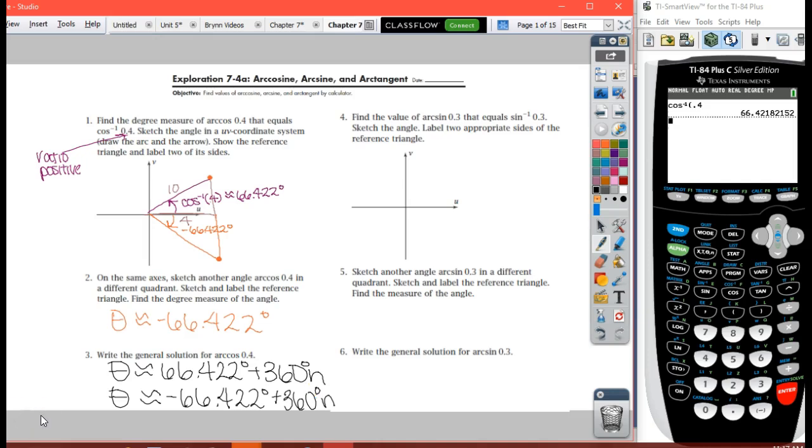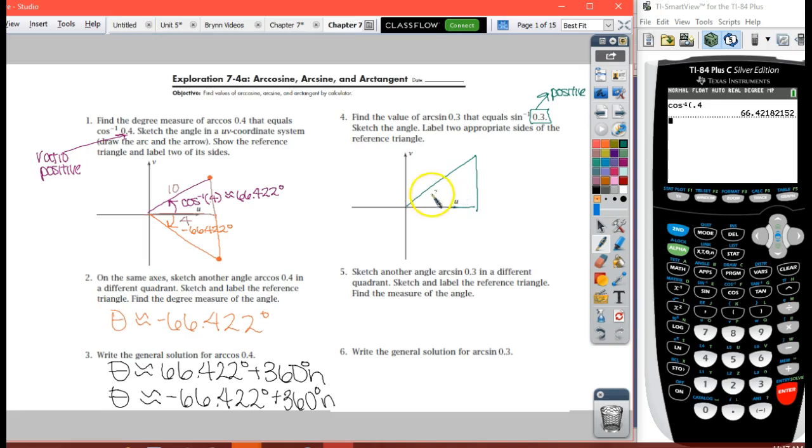So now we're going to look at a similar problem using arc sine and sine inverse. So right away, if we're talking about sine inverse, I know that sine inverse is defined in the first and fourth quadrant. But again, you want to look at your ratio, and since my ratio is positive, I know that sine will be positive in the first quadrant.